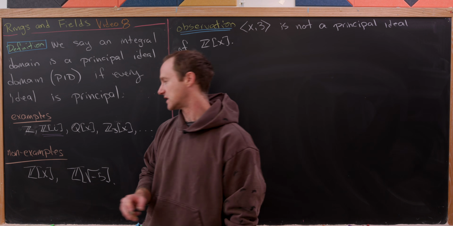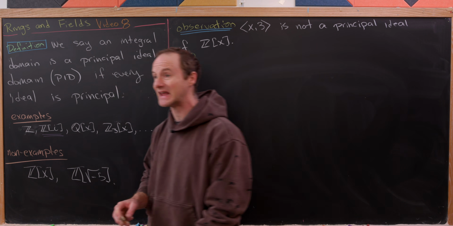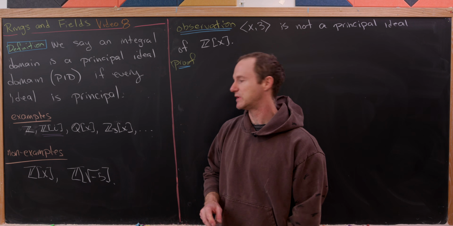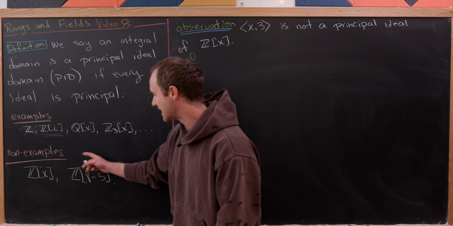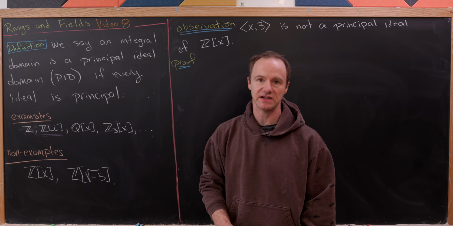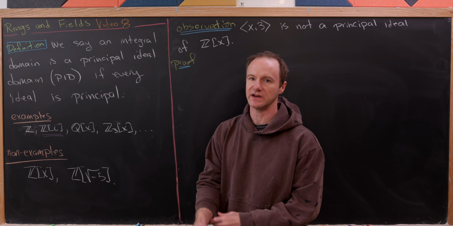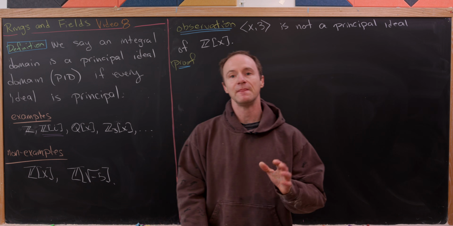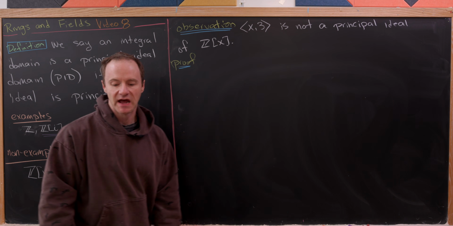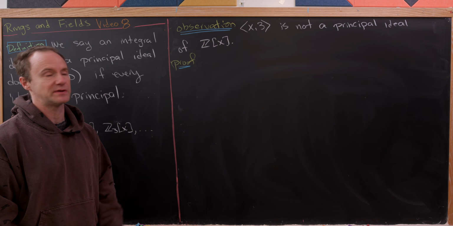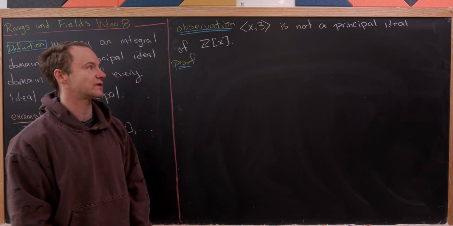Now here are some non-examples. If you take polynomials with integer coefficients, that's not a PID. Or if you take this quadratic extension of the integers, which we've looked at in a couple of other videos, Z adjoin the square root of -5, that's also not a PID. And I'd like to prove that those are not PIDs, starting with Z adjoin x.